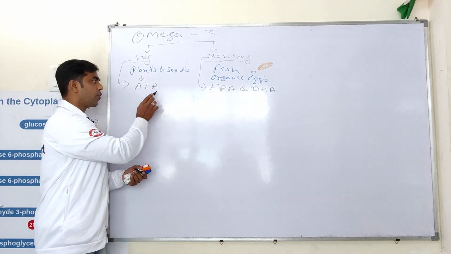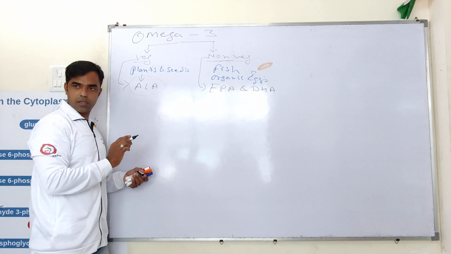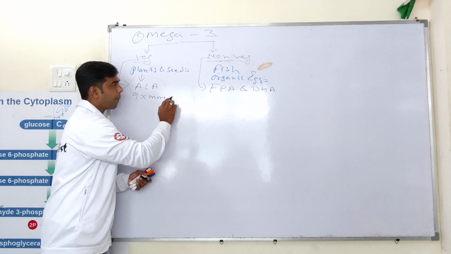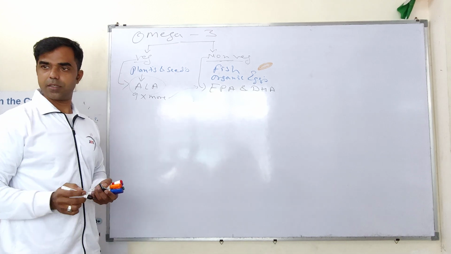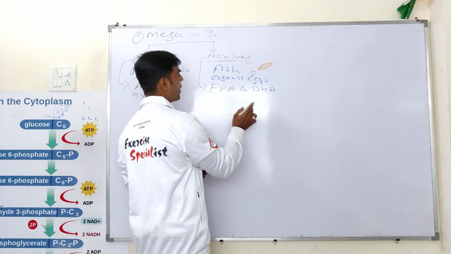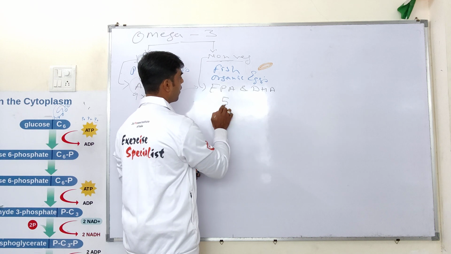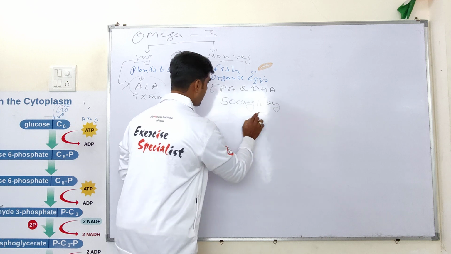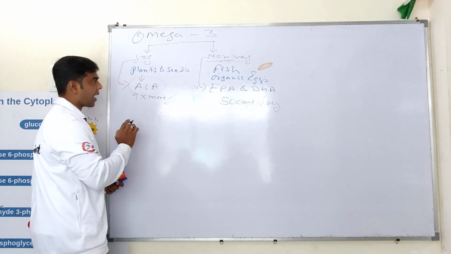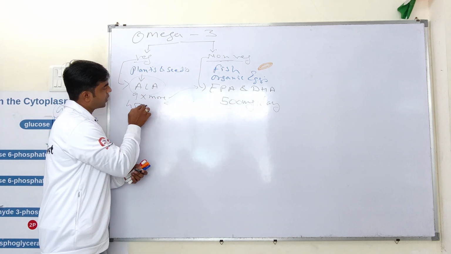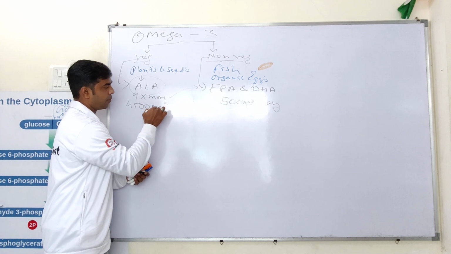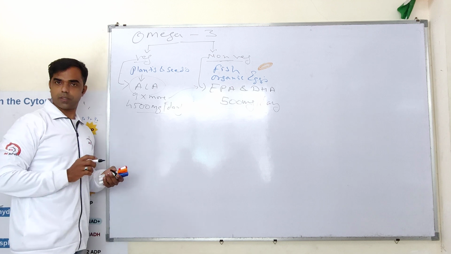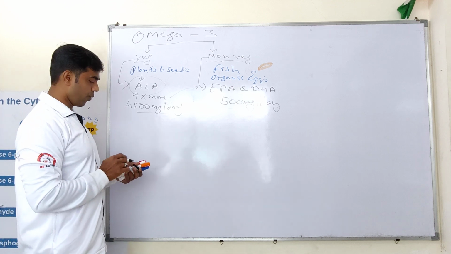Now whenever you are consuming ALA, you need to consume 9 times more compared to EPA and DHA. If you are having EPA and DHA somewhere around 500 mg a day, then you need to take ALA somewhere around 4500 mg a day to meet the daily requirement. Clear?